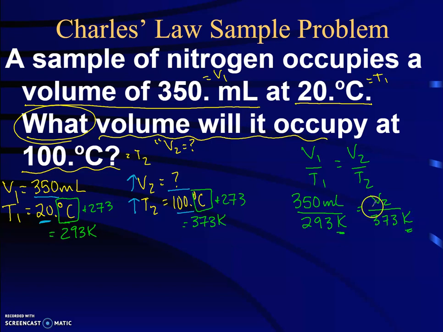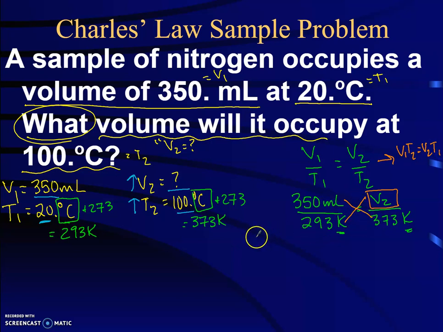How do I get V2 by itself? What's happening to V2? V2 is being divided by 373. So if you want to get rid of fractions, you need to cross multiply and divide. Okay, so sometimes you will see this as V1 times T2 equals V2 times T1.